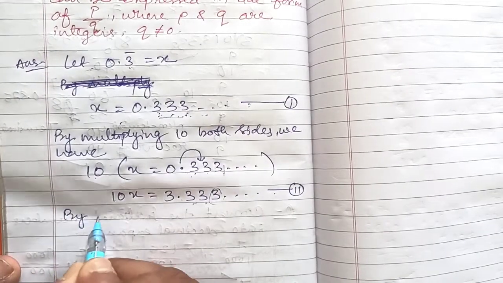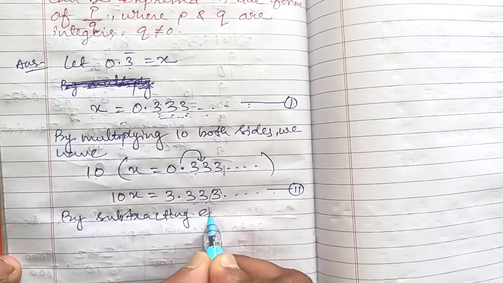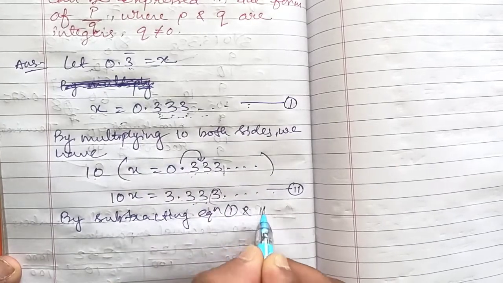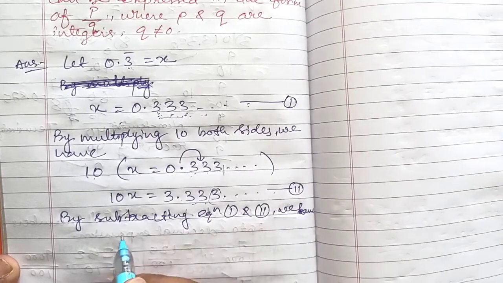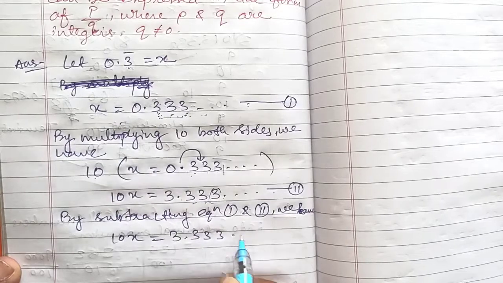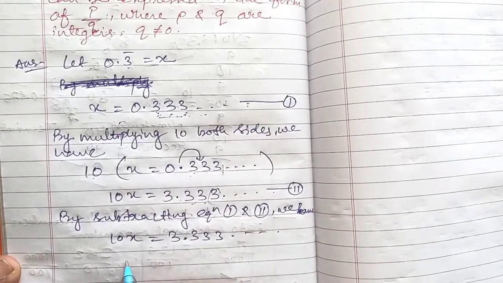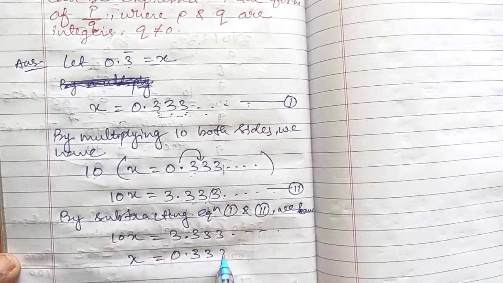By subtracting equation 1 from equation 2, we have 10x equals 3.333 dotted, minus x equals 0.333 dotted.